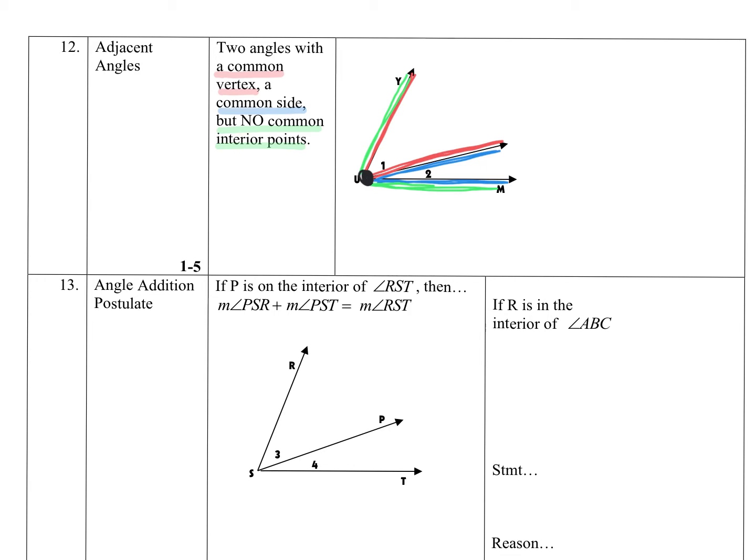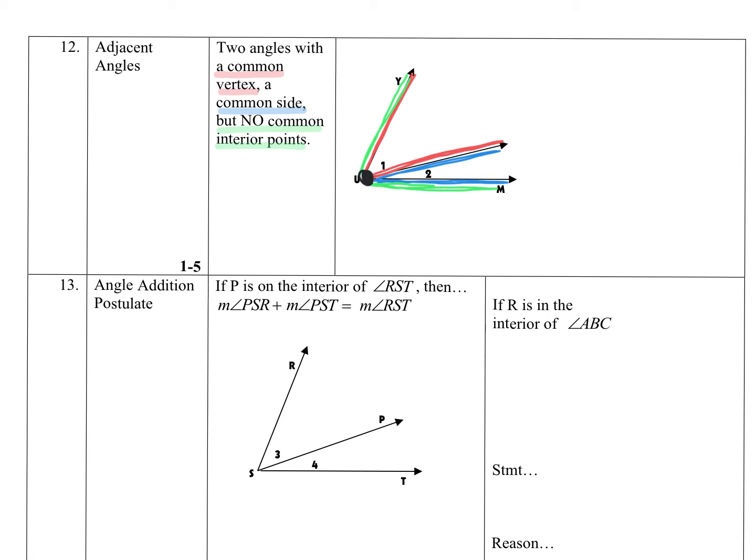If I look, for example, at this green angle, angle YUM, and this red angle right here, I can see they share the common vertex. They share this common side right here. However, they do share these interior points. The inside of the red angle is also inside the green angle.